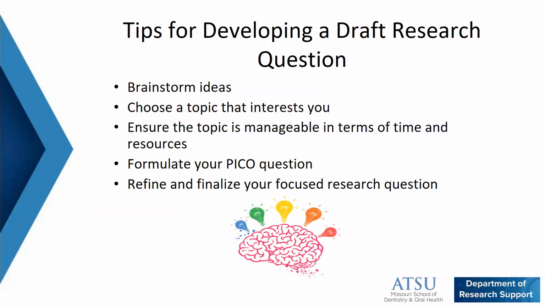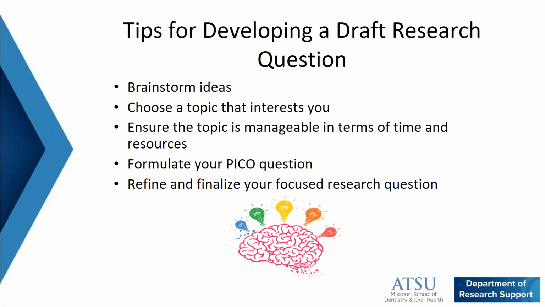Next, we will discuss tips for developing a draft research question. Now, how do you draft a research question? The first thing you do is brainstorm ideas. You try to choose a topic that interests you, because we all tend to do better when something is interesting to us. Then you make sure that the topic is manageable in terms of time and resources.